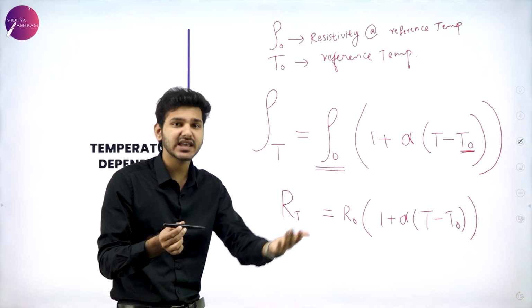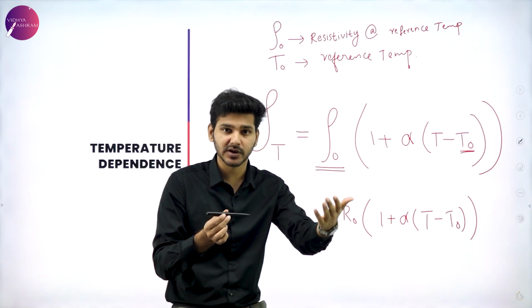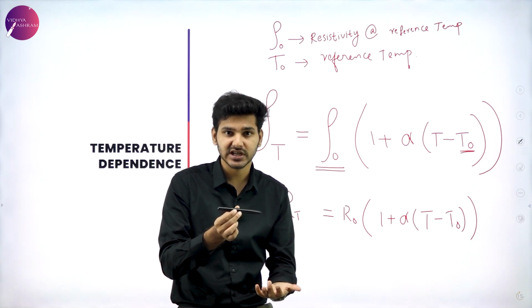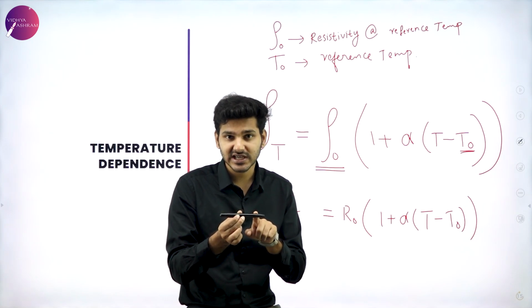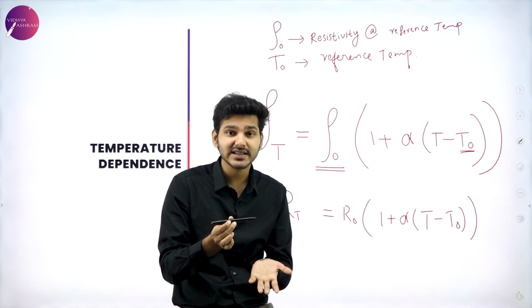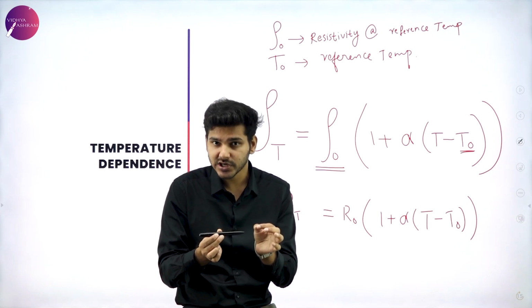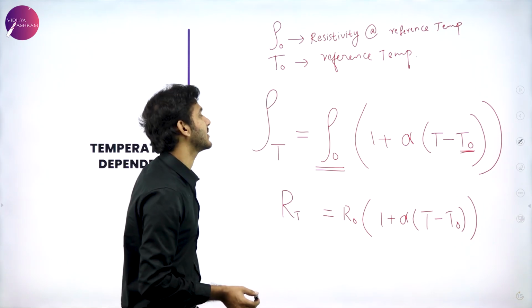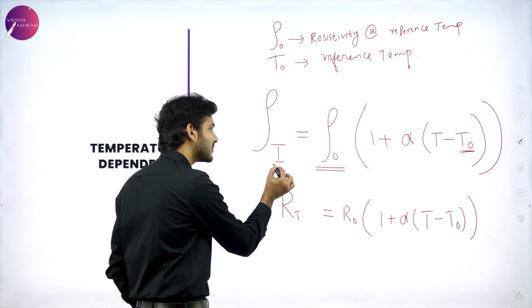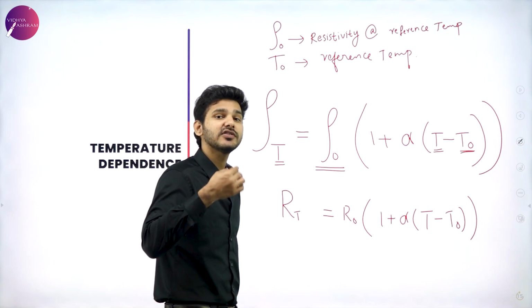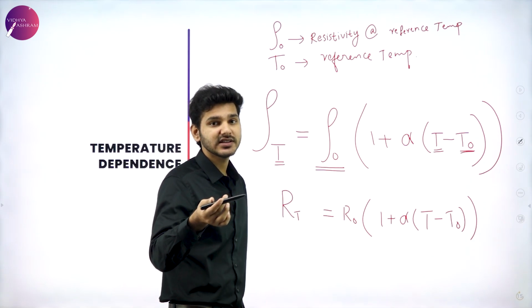As you go on with the experiment, more current is flowing through this material, and since the material has resistance, it gets heated up. The temperature in this system changes. That particular temperature is indicated by capital T, the temperature of the material once you have started the experiment.